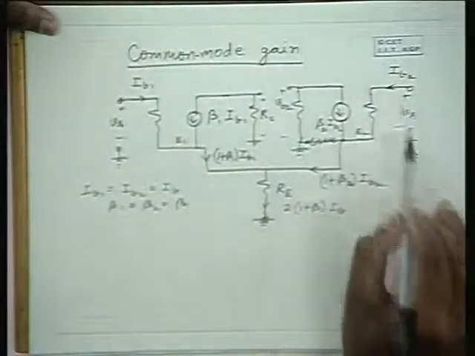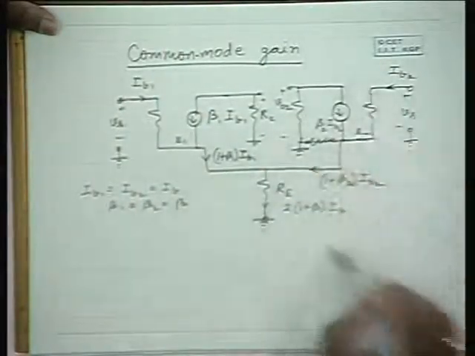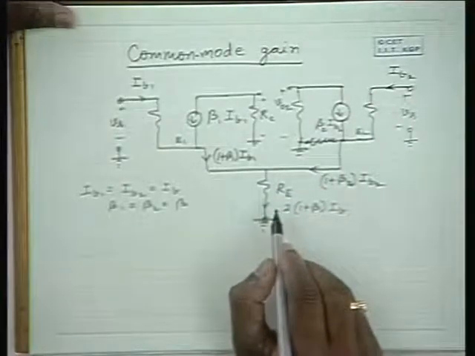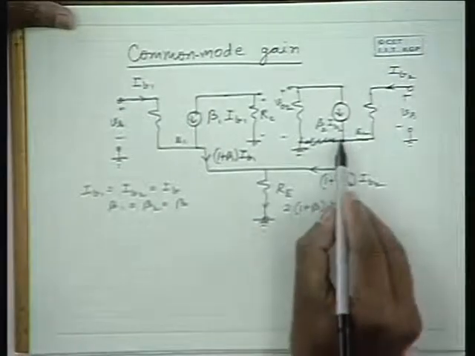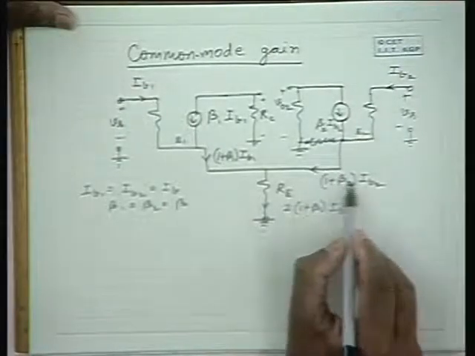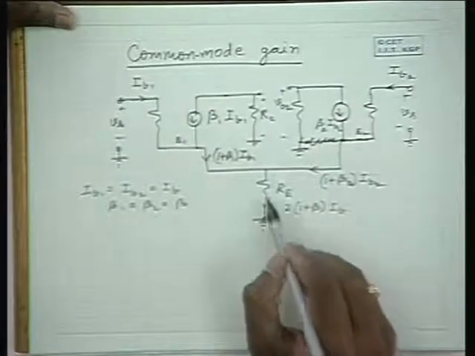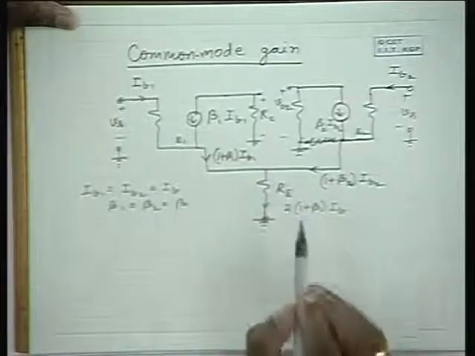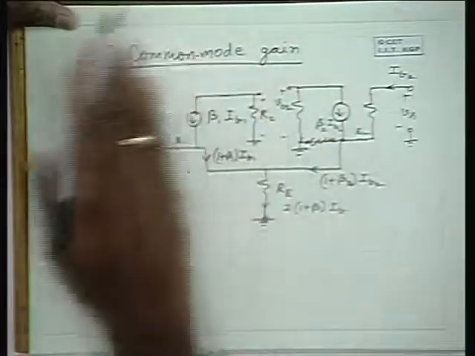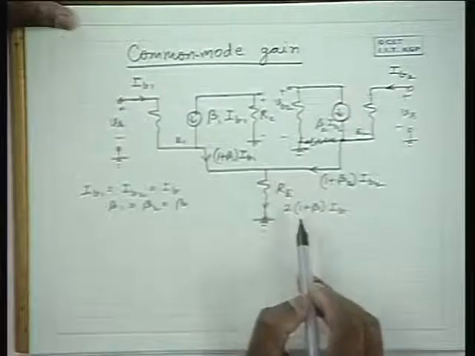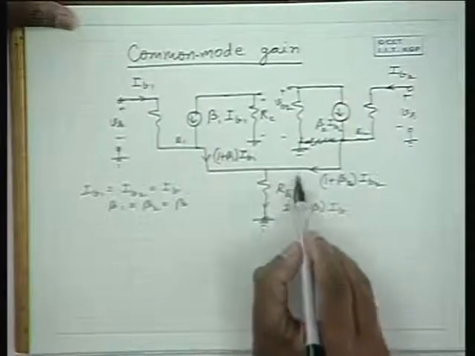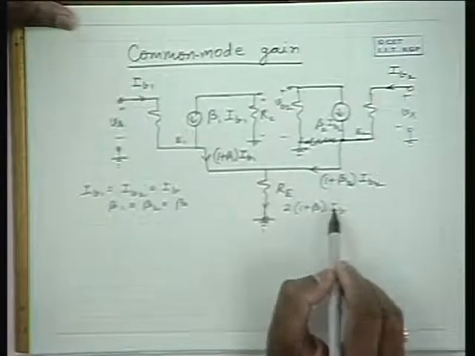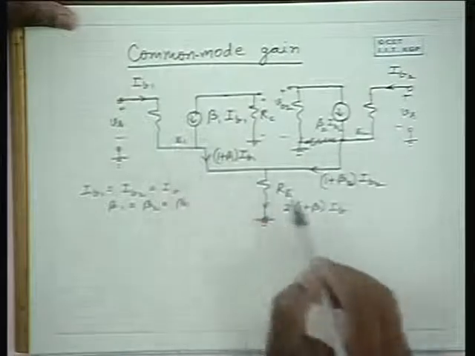Therefore, the analysis can be carried out with one stage itself with RE replaced by twice RE. I repeat, for the same current that flows, 1 plus beta IB from here and from here, and having RE here is the same as not having this and only having 2 RE resistance here, because the voltage drop here is equivalent to 2 into 1 plus beta into IB into RE when both are there.